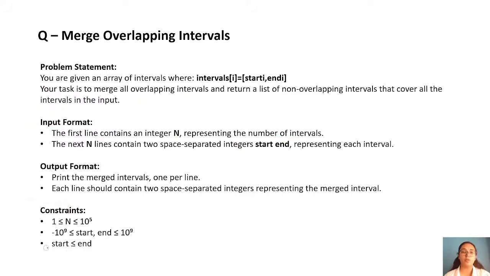Now see, this will be kind of interesting because we have already seen how to take the input of a space separated array. We have already seen how to take the input of space separated integers, but here, for n number of times we are going to take the space separated integers.